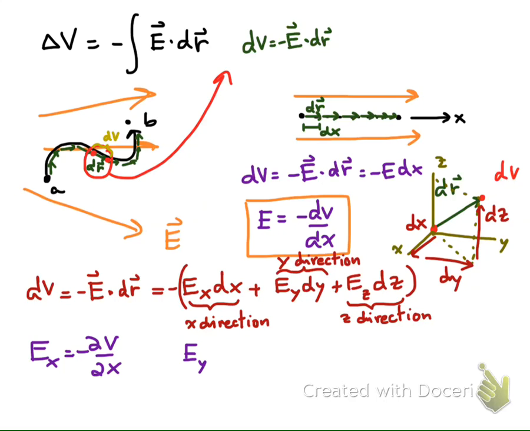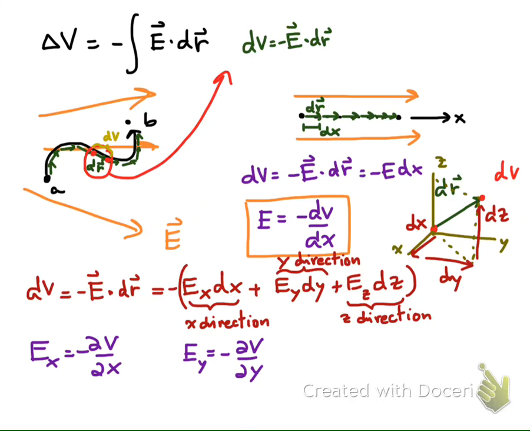We can also write that Ey is equal to minus the partial derivative of V with respect to y. Again, this is a change of the electric potential due to the change of the position from this point to this point. You can see that along this path, x and z are constant. So this is a change of the electric potential due to the change in the y direction only.